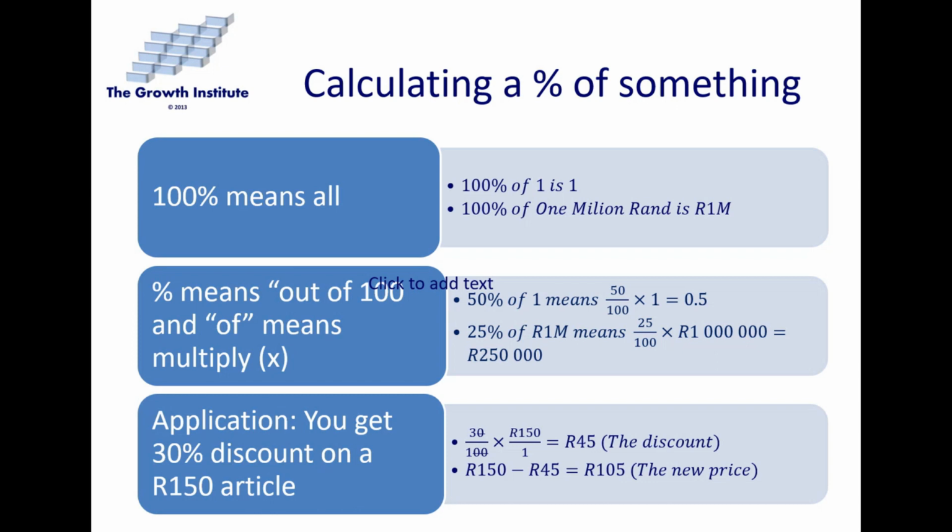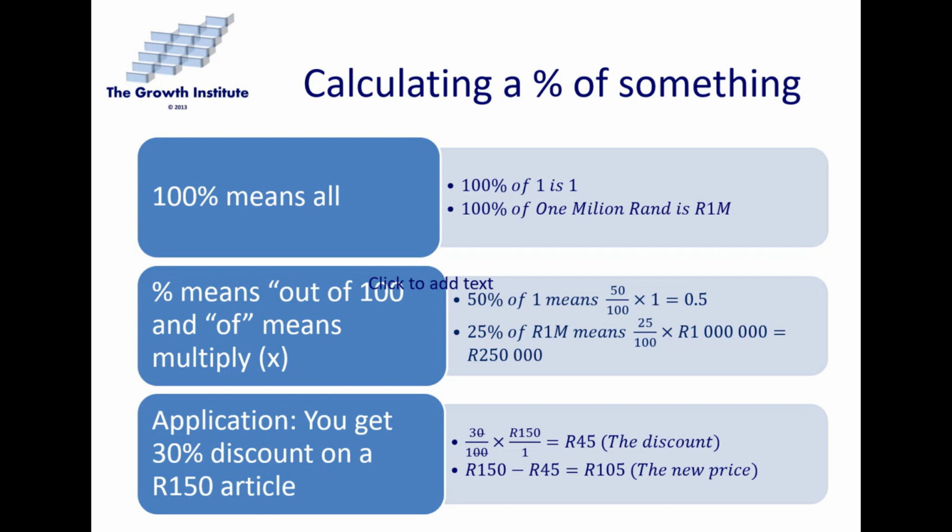Okay, the problem now, though, is that the 45 Rand that you have just calculated is the discount. So you now know what the discount is, but you don't care about what the discount is. You care about what you are going to pay for the article.